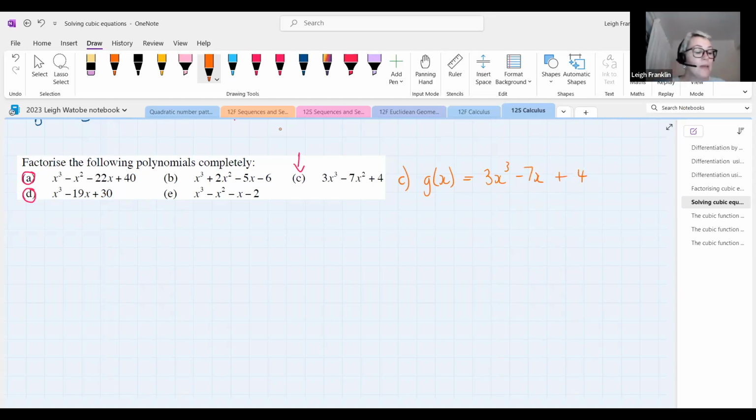Again, what I need to do is use my calculator to find factors of g of x. So use your calculators to do that and tell me what you get as a linear factor.